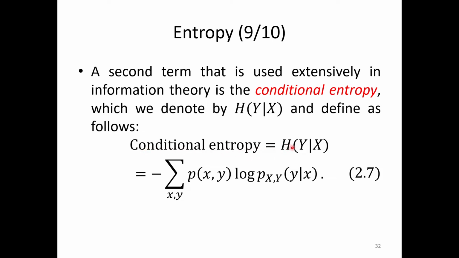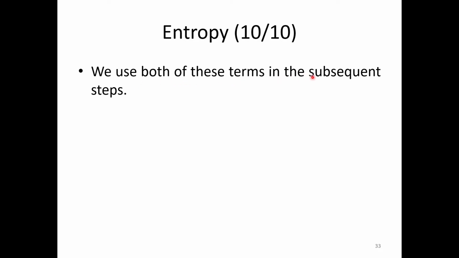Conditional entropy H of Y given X is equal to minus summation for all x, y of P of x, y times log of P of y given x, where P of x, y is the joint probability mass function, that is, joint PMF of the random variables capital X and capital Y, and P of Y given X is the conditional probability mass function, that is, conditional PMF of the random variable Y given a random variable X. We use both of these terms in the subsequent steps.